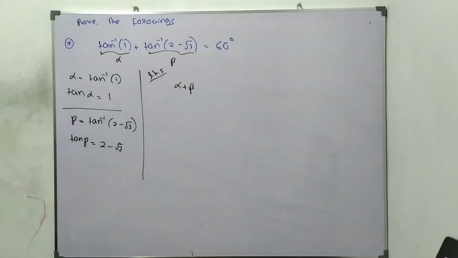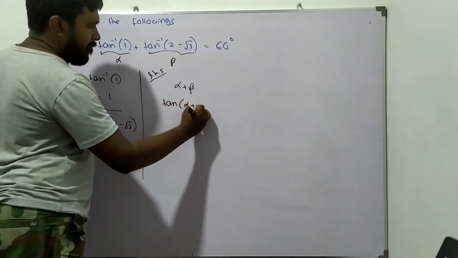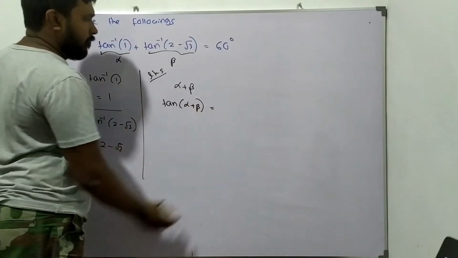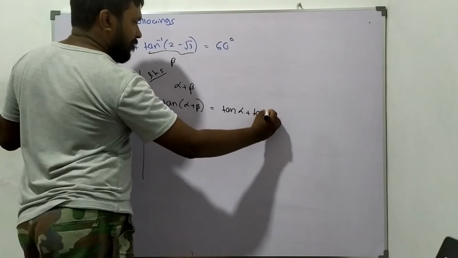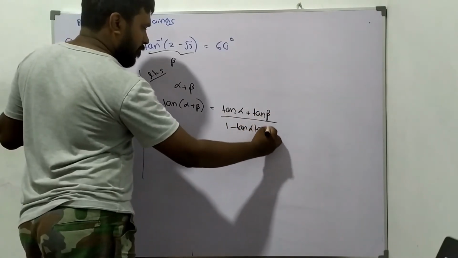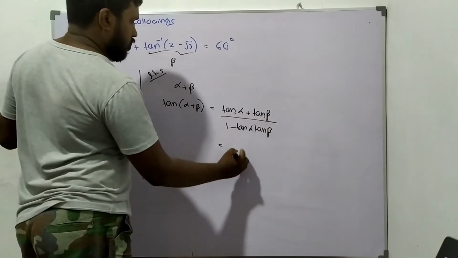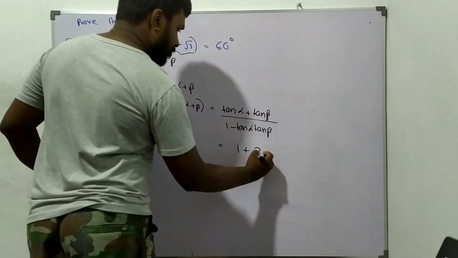And for the RHS, then I'm going to select tan alpha plus beta on the left hand side. Now I'm going to substitute the values.